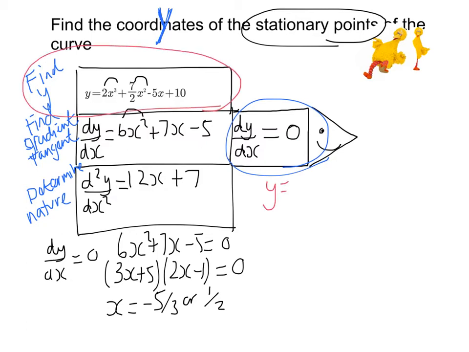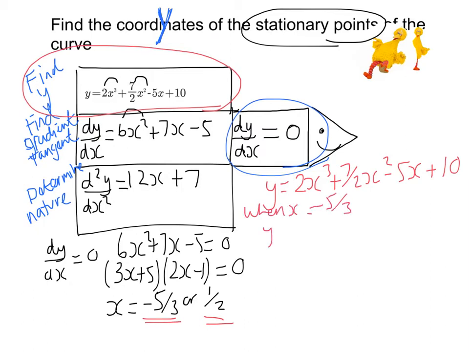So all I need to do is, I've got my x values, so my y is 2x cubed plus 7 over 2 x squared minus 5x plus 10, and so when x is minus 5 over 3, y is 2 lots of minus 5 over 3 cubed plus 7 over 2 lots of minus 5 over 3 squared minus 5 lots of minus 5 over 3 plus 10.